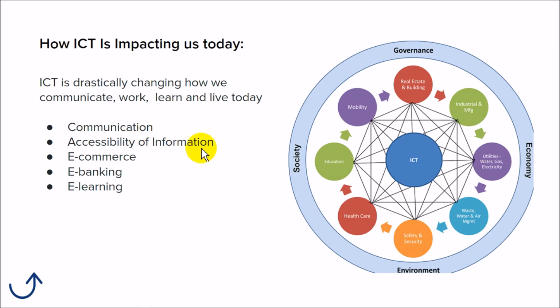So easy access to information was not readily available a few decades ago. ICT infrastructure is actually what has enabled us the easy access to information. Also communications: today you can simply reach someone miles away with just the press of a button. So these are ways ICTs are impacting us.